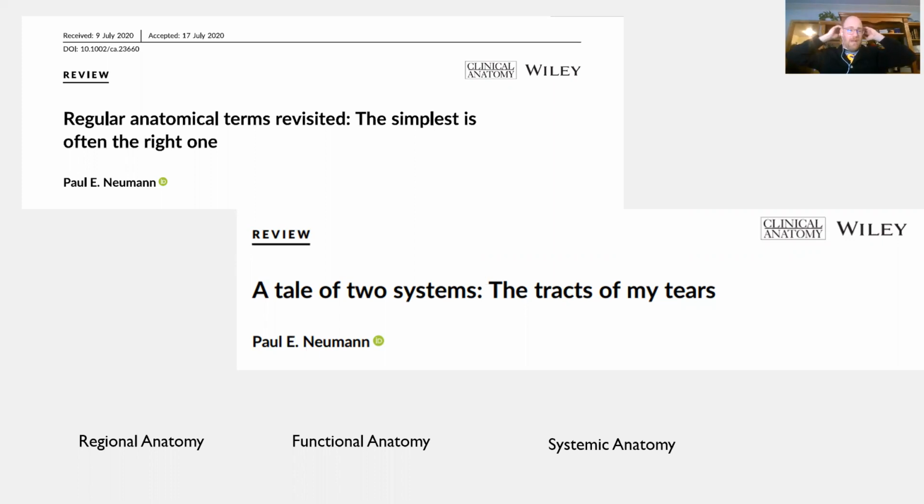If you've ever taken a gross anatomy course, the anatomy that you took at Gustavus most likely was regional anatomy. You were learning the regional structures, muscles, ligaments, tendons, nerves, vessels, right? That is the most common way to learn anatomy, right?